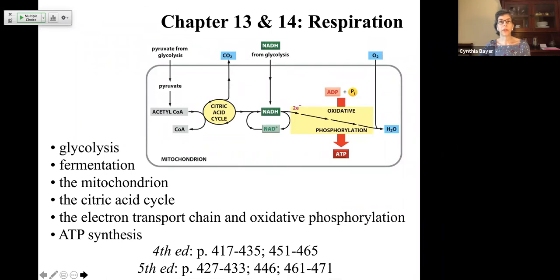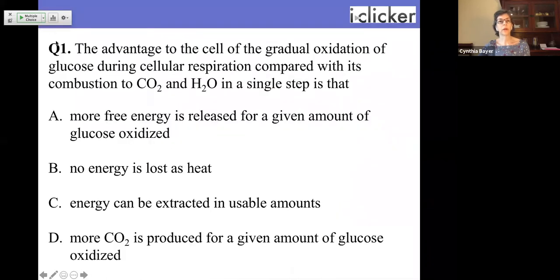And so the first question then is, we discussed this last week. Why does the cell go through all of these steps of glycolysis first, and then continue in the following stages of cellular respiration?